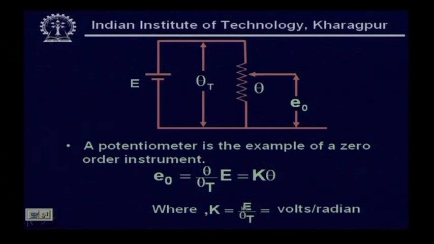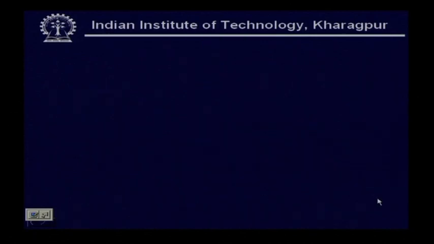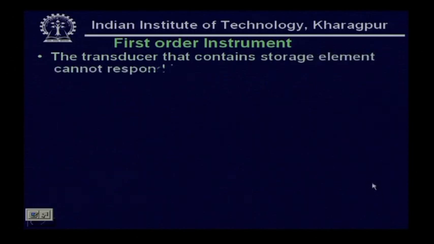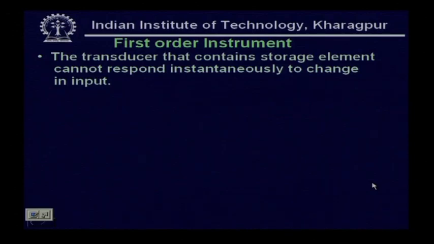So k equal to E by theta t, in volts per radian, is the static sensitivity of a potentiometer. Whatever the input it gets, it will be shown at the output without any time lag or phase change. That actually happens in the case of a potentiometer.